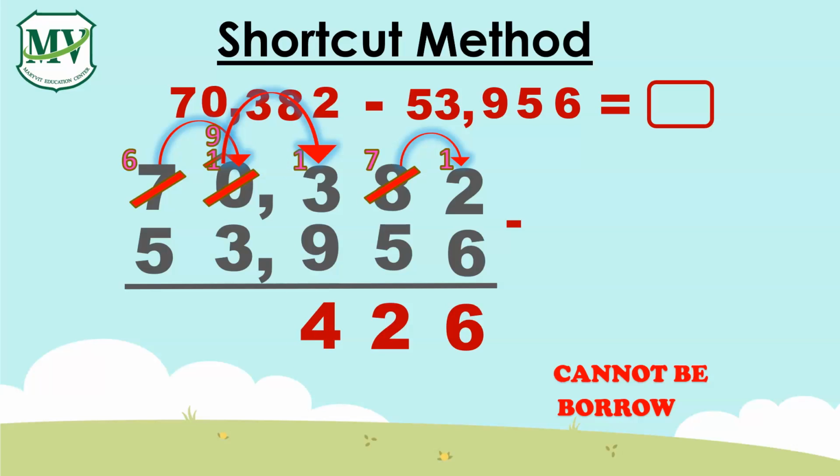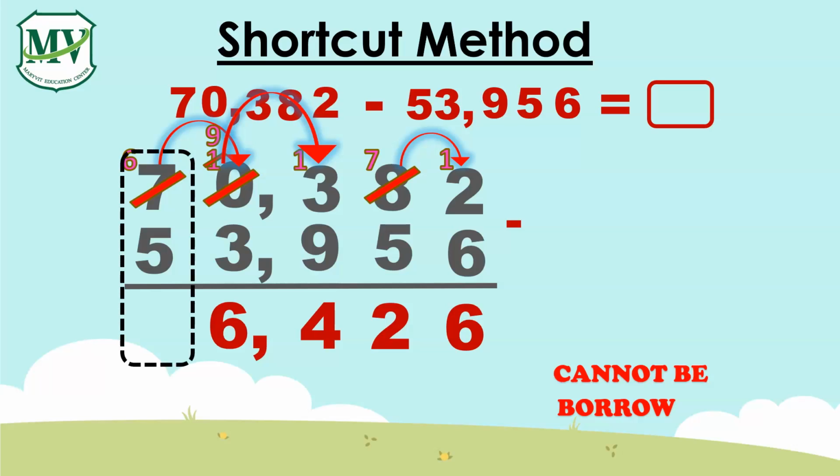Next step. Step 4. Subtract the thousands. 9 minus 3 is 6. Last step. Step 5.